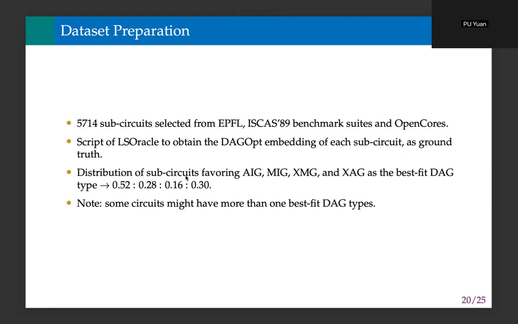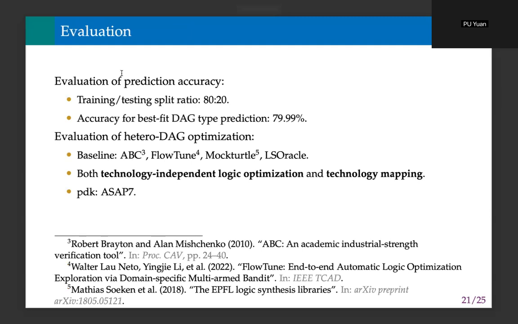And this is the distribution of the subcircuits favoring different DAG types as the best fit DAG type. Okay, so the prediction accuracy of the trained GNN is around 80%.